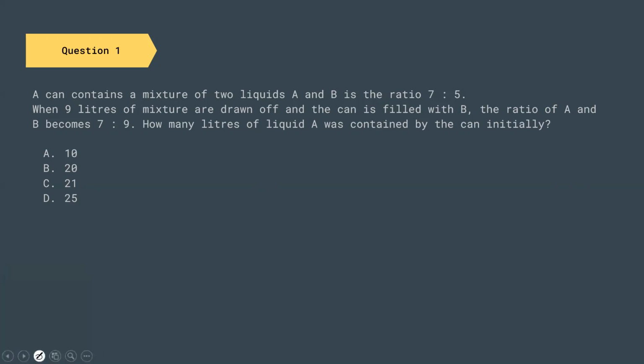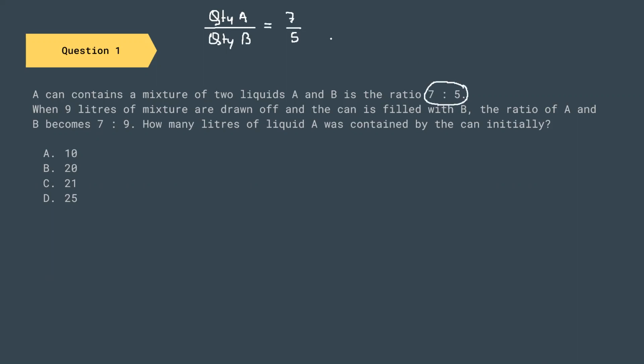So what we have here is that the quantity of A divided by the quantity of B initially is in the ratio of 7/5. So that is given here.